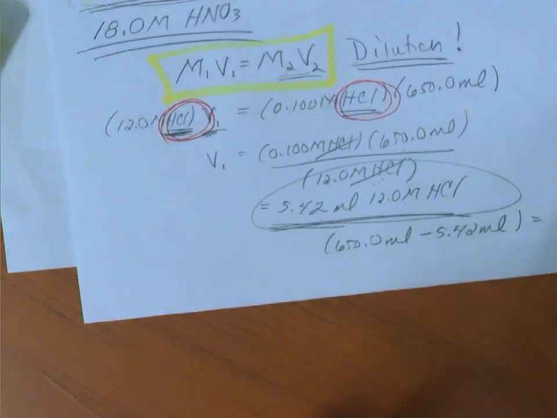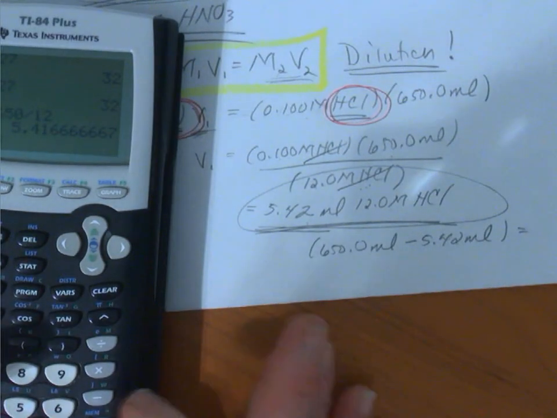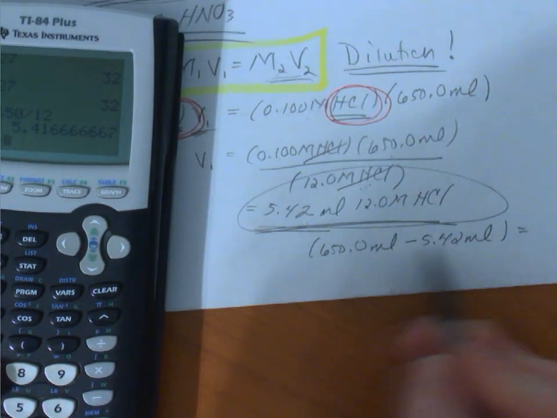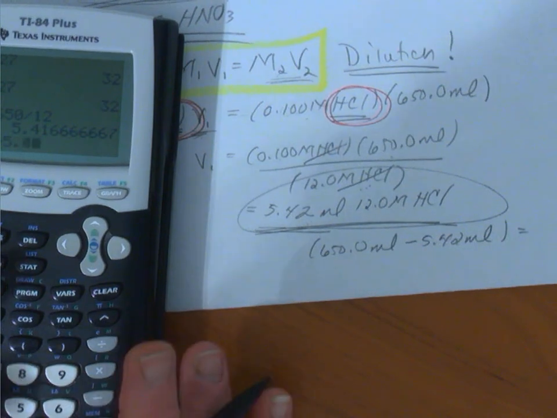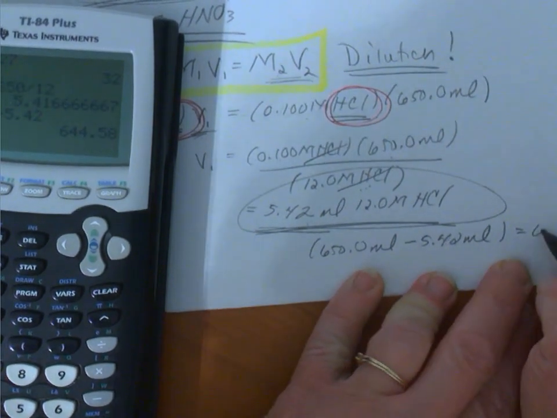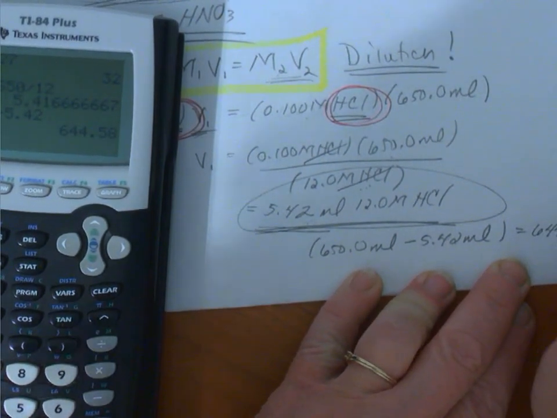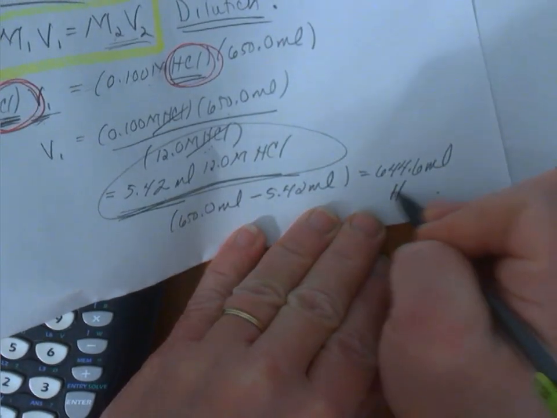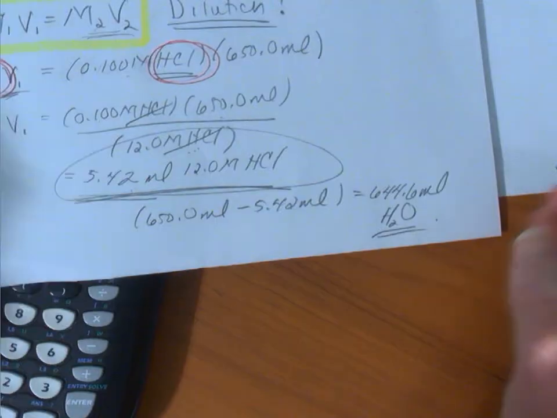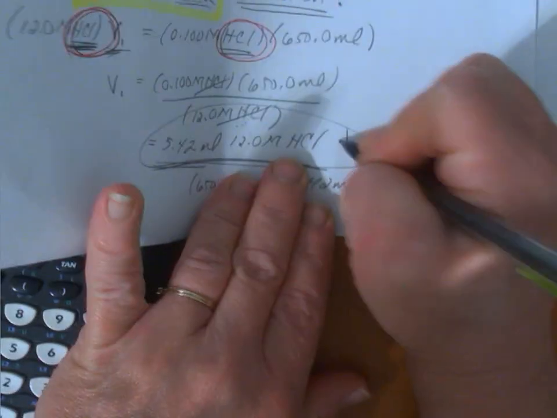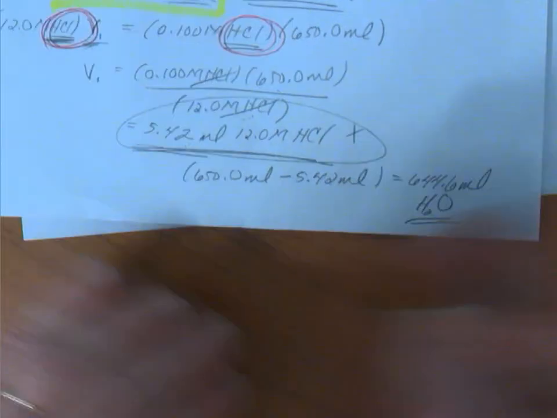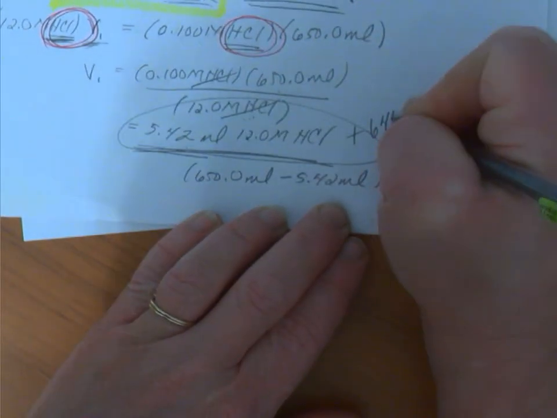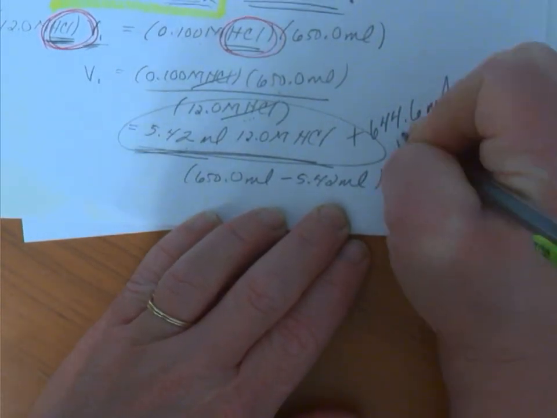Now I'm subtracting here, so I would respect the least precise decimal place. And I need to add 644.6 milliliters of solvent, which I would assume is water here unless otherwise told. So the recipe would be 5.42 milliliters of the stock plus 644.6 milliliters of the solvent. Okay, that's the dilution equation and some basic molarity.